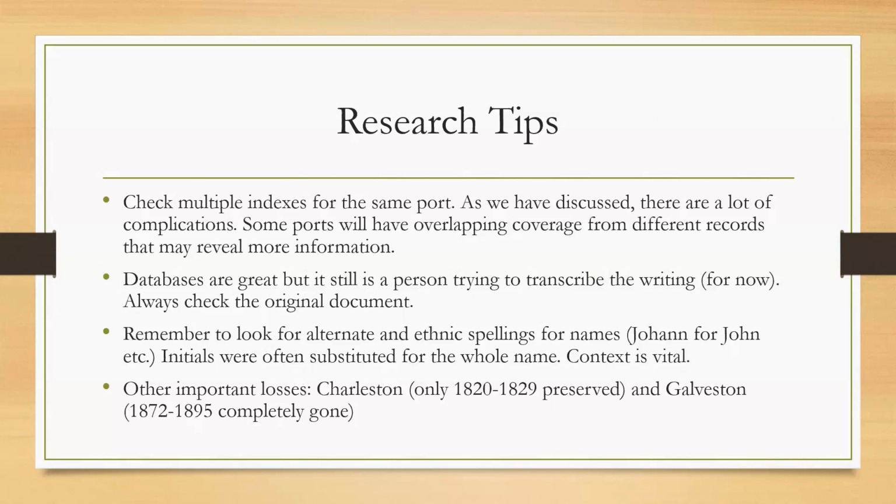Johann for John, for example. Many times when people came to the United States in the 19th century, they would change their names to either be more American or they would do the English version of whatever their name meant in English, right? So for example, you'll see lots of Schneiders who become Taylors in English because Schneider is just German for Taylor.